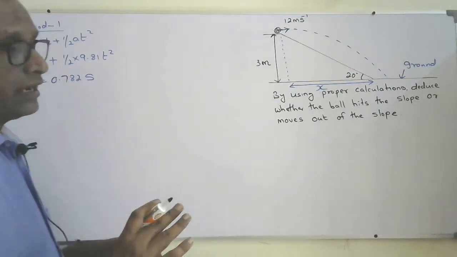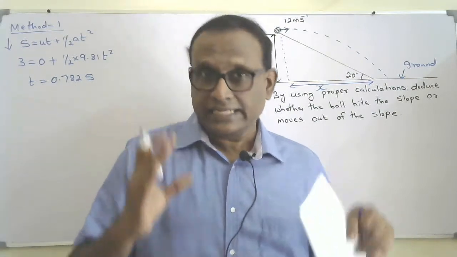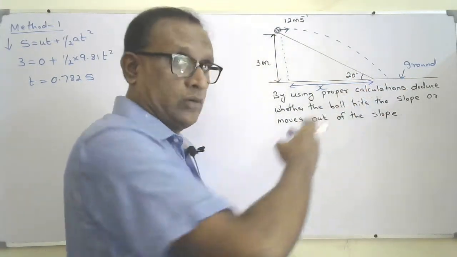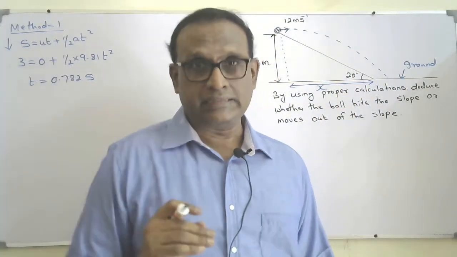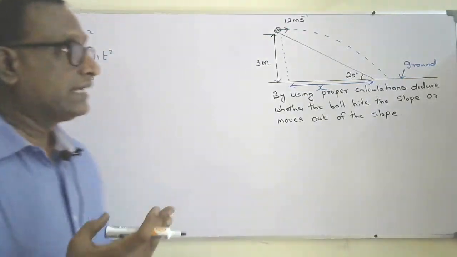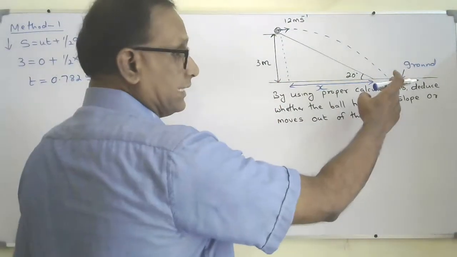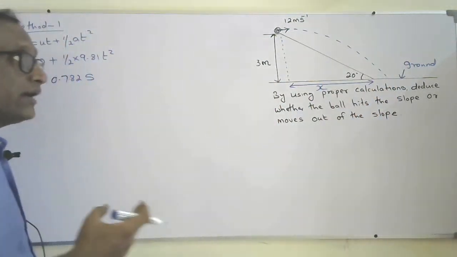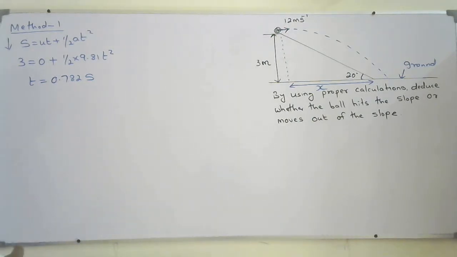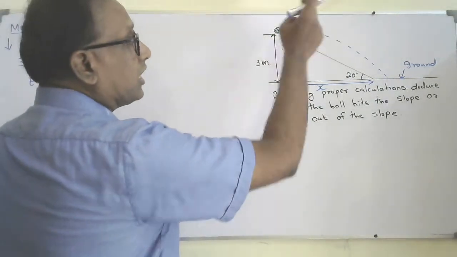Okay, that means I'm not sure whether it's hitting or not, but in case it is hitting out of the slope, it has to fall vertically 3 meters. How long will it take? That I found, 0.782 seconds. Now I'm going to find its horizontal displacement. If it is hitting outside, what will be its horizontal displacement for this given velocity?